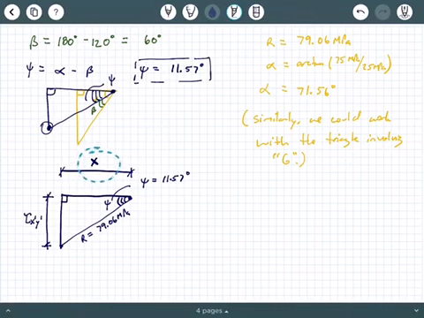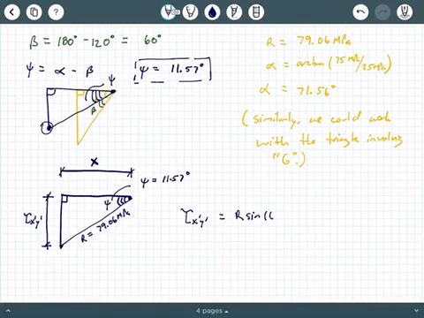The radius was calculated as 79.06 megapascals. And then this horizontal component, I'm just going to call it x. That's going to help us get our normal stress value, okay? That is not actually sigma prime x, but it helps us get sigma prime x.